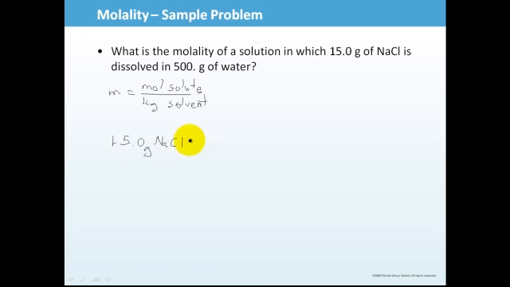Alright, and remember from all that we've learned about moles and grams, to get from grams to moles, we need the molar mass. So we go to the periodic table and look up our two molar masses.